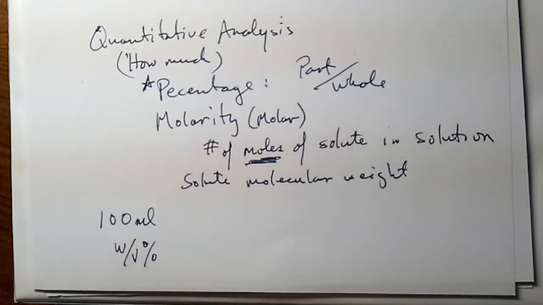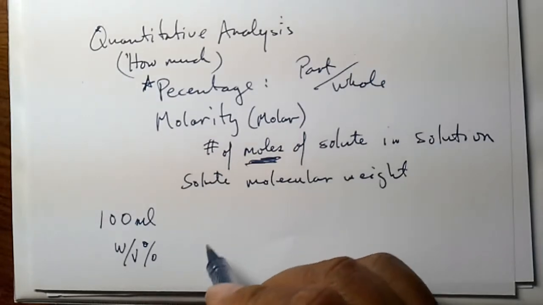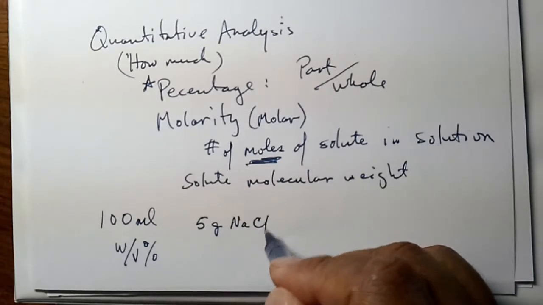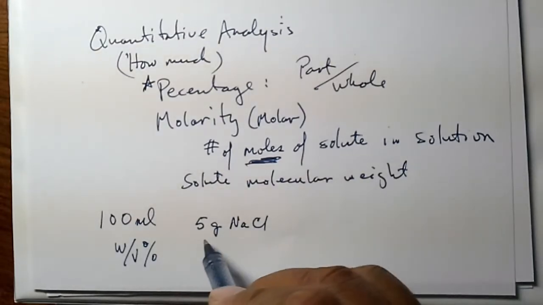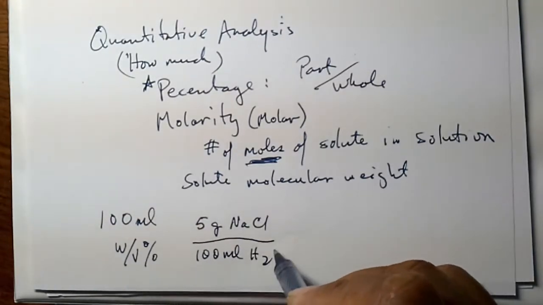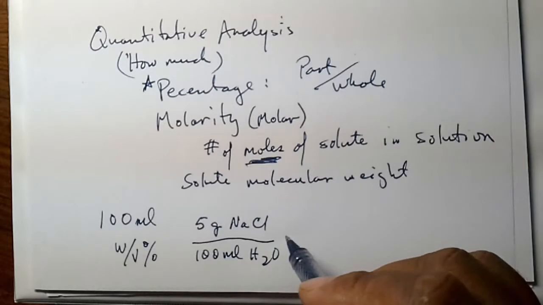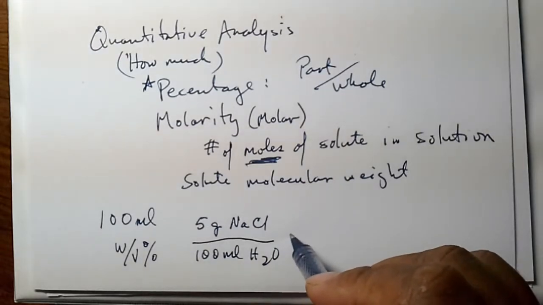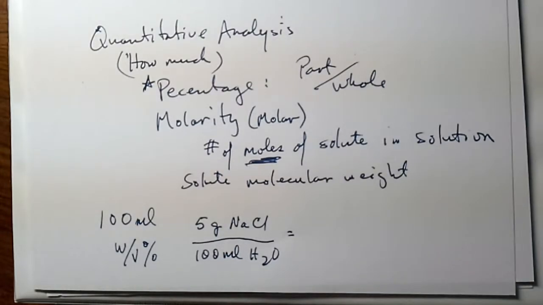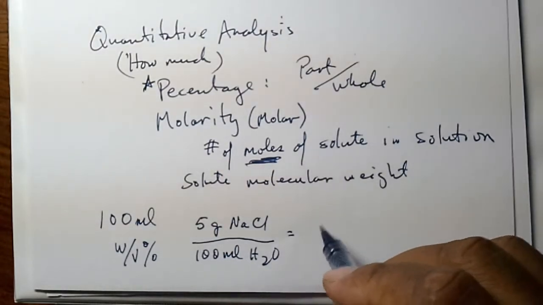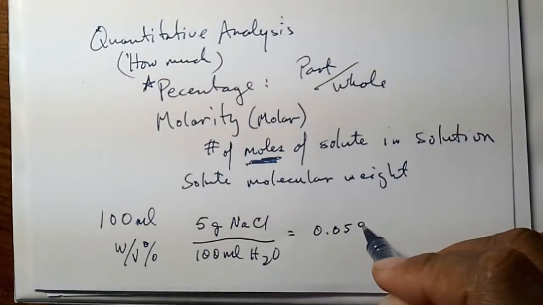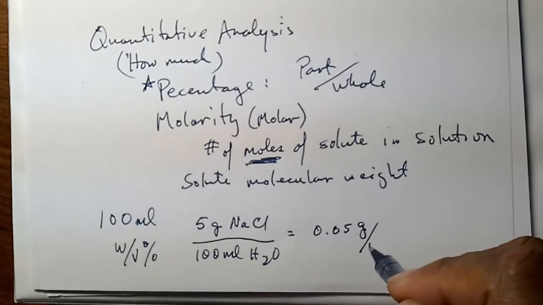For example, if I take 5 grams of sodium chloride and I put that into 100 milliliters of water, I'm going to get a solution that has a density of 0.05 grams per mil.